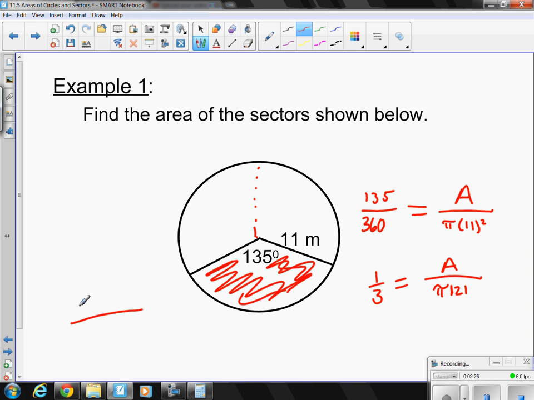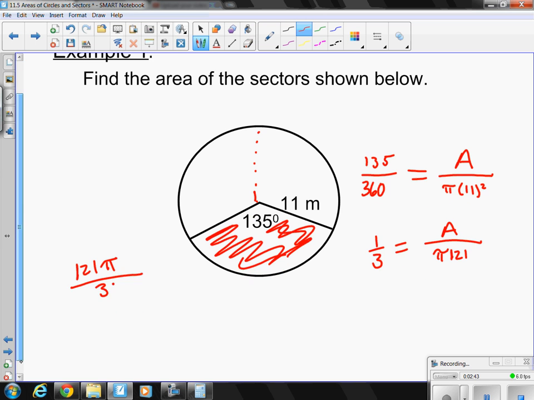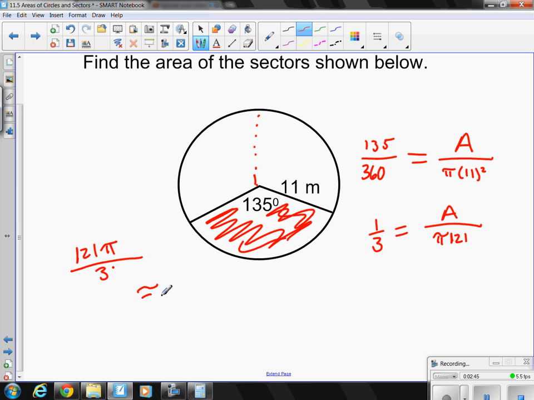So 121 pi divided by 3, because this is the area of the full circle, but it's only 1/3 of that area. That would be an exact answer. That doesn't get reduced, but we could approximate that.